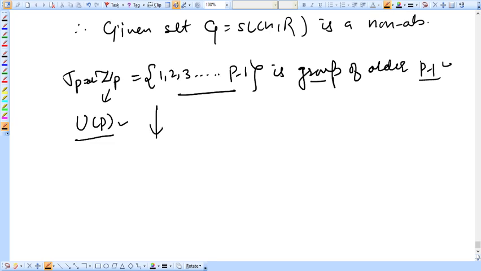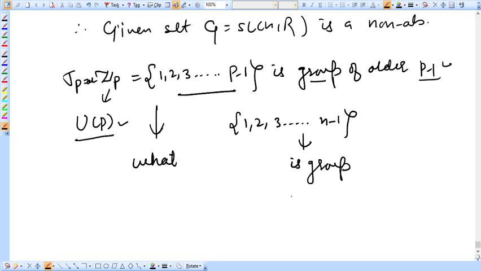I just want to discuss a case with you here. We saw that 1, 2, 3 up to n minus 1 is a group if n is equal to p, or n is a prime number.